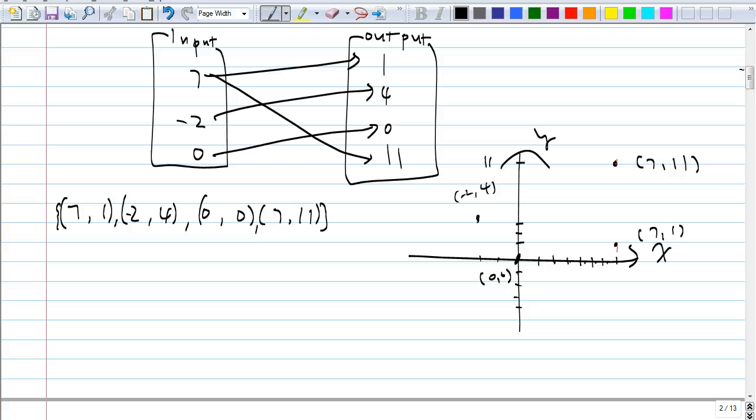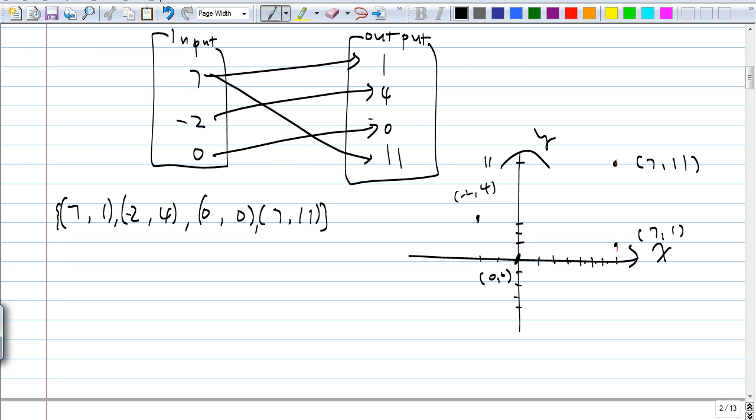By the way, which one of these methods do you like the best? Yeah, the table, the boxes, right? Because you could easily see 7 has 2 arrows coming out from it. But do you think they're going to give it to you this way every time? No, they could give it to you as ordered pairs or as a graph. It really depends. But anyway, this one shows you that 7 has 2 outputs, whereas all the others have one output, but it doesn't matter.